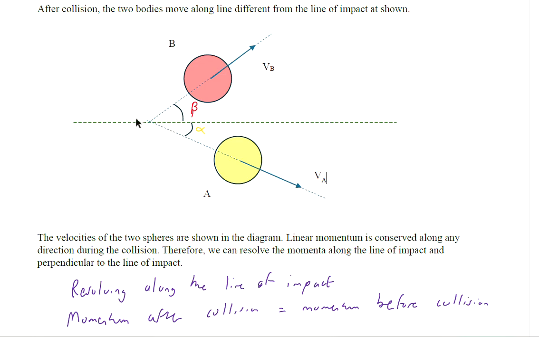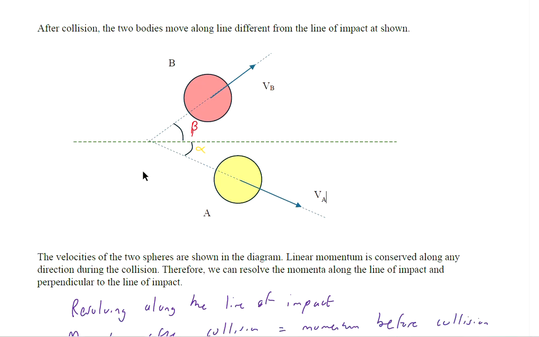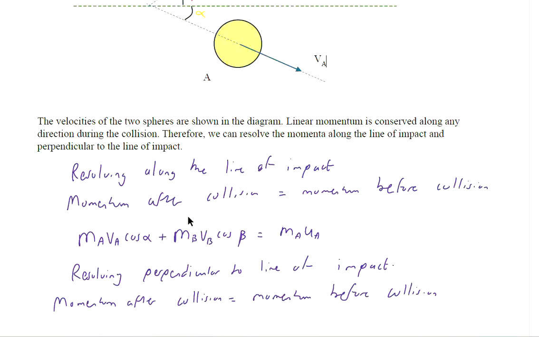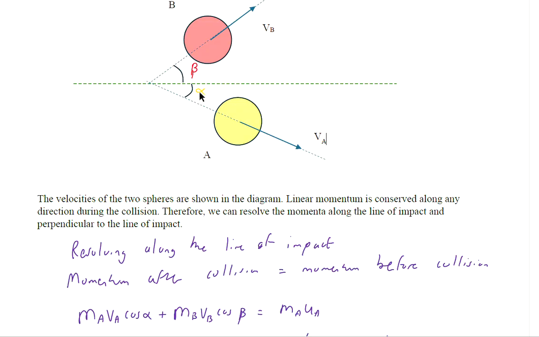So I need to consider two different directions. First direction, along the line of impact. Second direction is going to be perpendicular to the line of impact. Let's take the right as being positive. And for the perpendicular direction, we're going to take up in the diagram as being positive. So momentum after collision is equal to momentum before collision. After collision, momentum of A along the line of impact is going to be MAVA cos alpha.